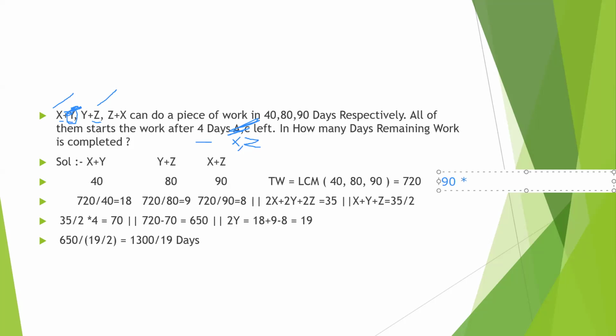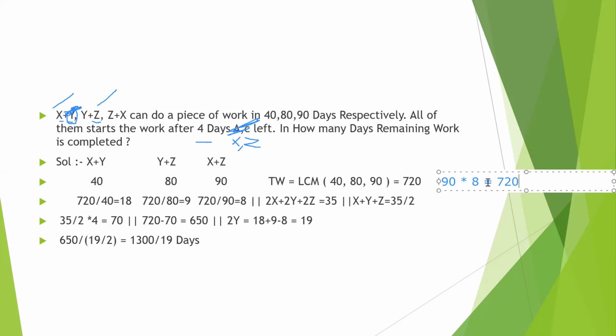Here 80 can be written as 8 into 10, and 10 is already there, so we write 8. Here 40 is written as 4 into 10, and 4 is already there in 8, so we don't need to write it. So 90 into 8 is 720. Here 720 is the LCM. How many seconds is this? 10 seconds. Within 10 seconds, we can find the LCM.